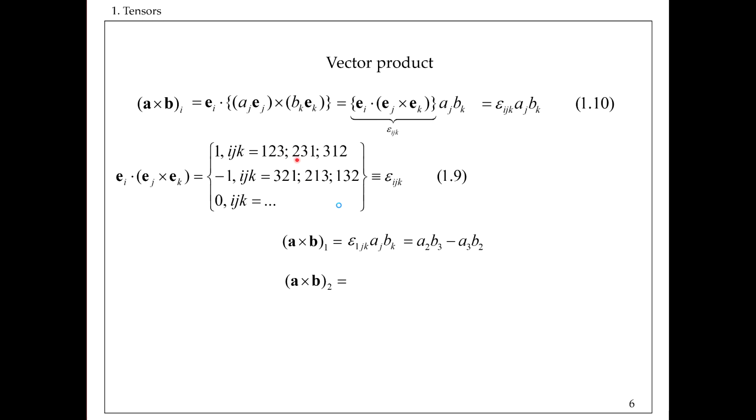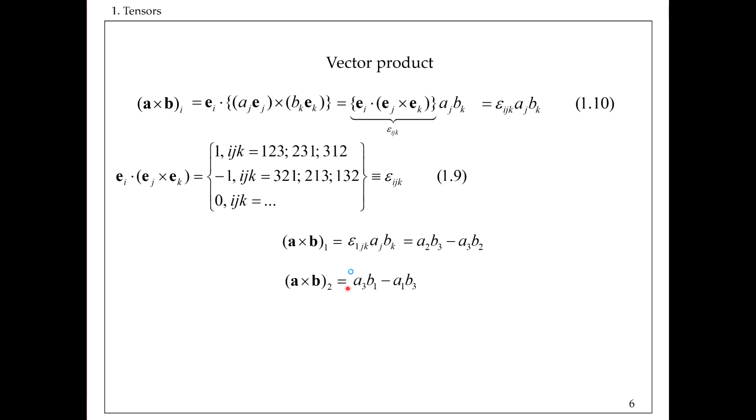We'll find the positive one with j equal 3 and k equal 1, so we'll have a3 b1, positive, and a1 b3 will be negative. Let's check. That's exactly what happens. You can practice with that briefly, and that machinery works very nicely.